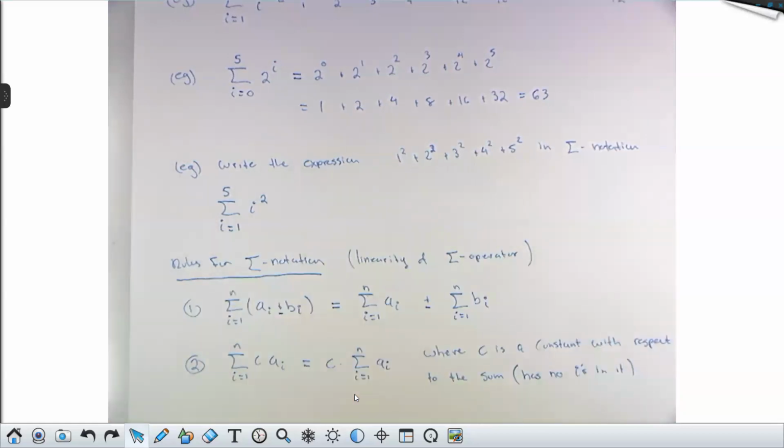So sometimes we will pop things out of sums that look like variables. That's okay, as long as it's not a variable when considered with respect to the sum. And what makes it constant with respect to the sum is that it doesn't have any of these indices I in it. So I'll show you precisely what I mean in a second.